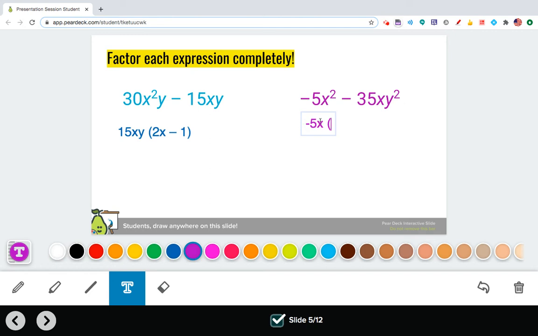Well, I'm going to do negative 5x times x, right? Negative 5x times what is negative 35xy squared? Well, negative 5 times positive 7. The x is already accounted for. I just need to include my y squared. So this is my factored form for the second example.